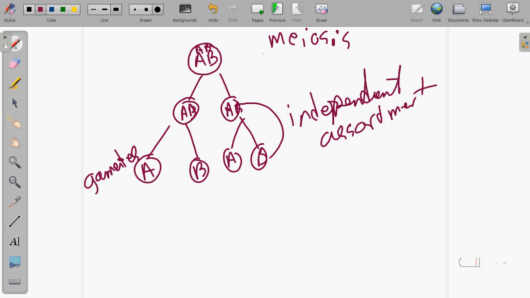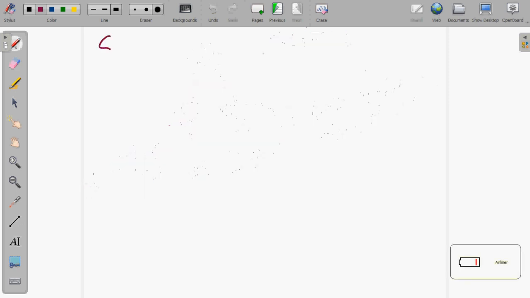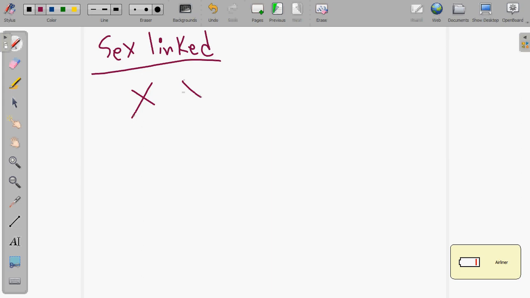All right. And then we talked about sex-linked traits. So a sex-linked trait is on the sex chromosomes. Remember, females, biologically speaking, I'm not trying to offend or say anyone is or isn't something.